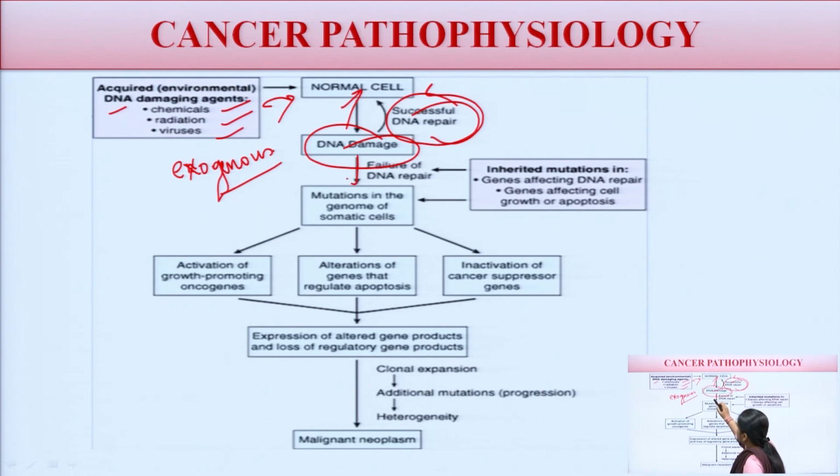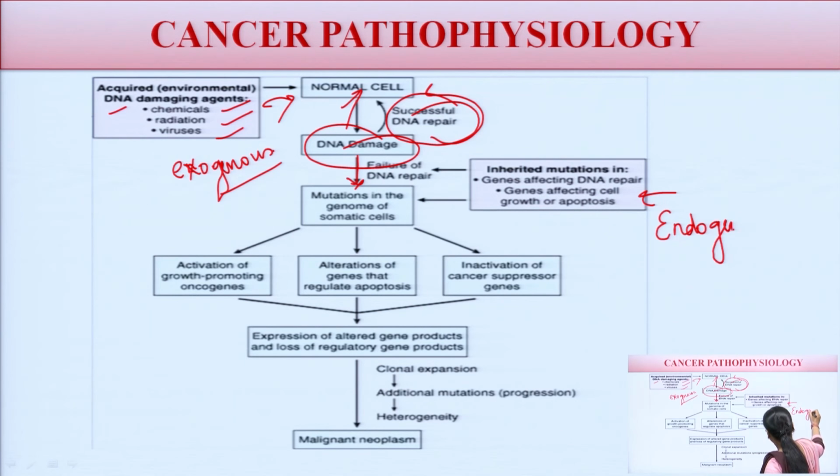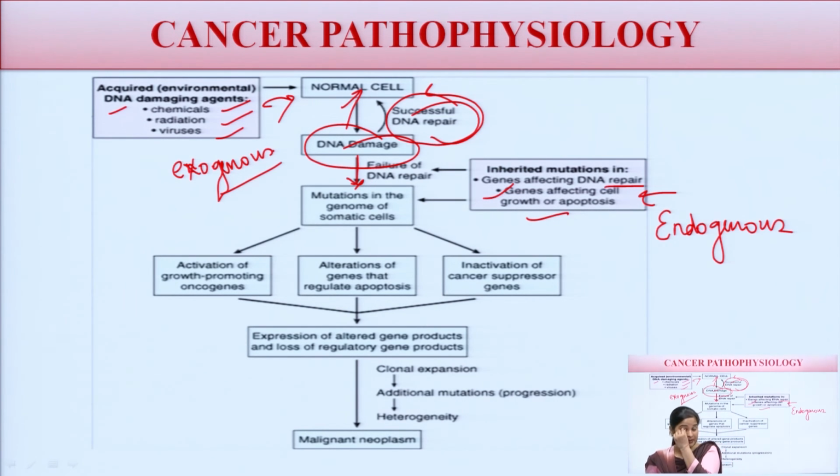Now, in some cases, like inherited, endogenous conditions, like DNA repair genes being affected, and genes affecting cell growth and apoptosis, these are the conditions which occur inside the body.